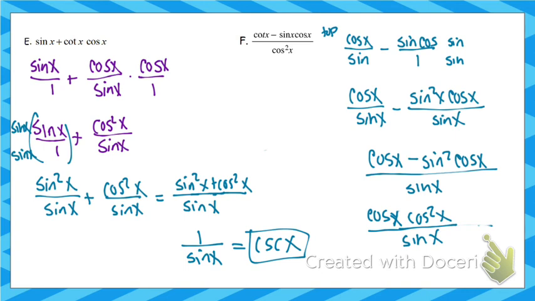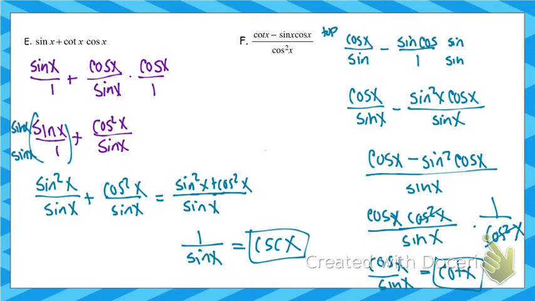This whole thing was divided by cosine squared, which means it's multiplied by 1 over cosine squared. Cosine squareds cancel out. You're left with cosine over sine, which is cotangent. So all of that work to get down to just little old cotangent.